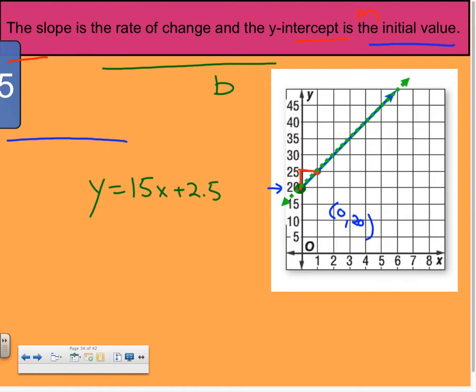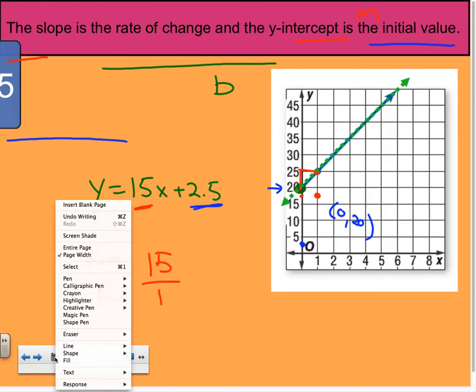My y-intercept is 2.5, so I'm going to place that at 2.5 on the y-axis, which would be about right there. Then my slope tells me that I'm going to rise 15 and run 1. So from 2.5, I would go up to 17.5, and then I would go over 1, and that would be my new point. And then once again, I get a line and graph it.